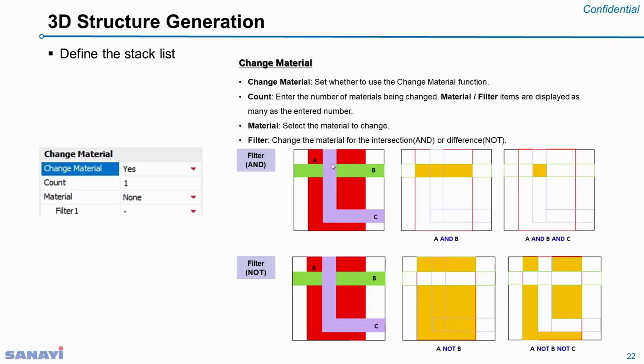For example, the intersection of A and B is this part, and the intersection of A, B, and C is this area. In the same way, not means the difference. Therefore, the difference between A and B is this part, and the difference between A, B, and C is this region where the material changes.